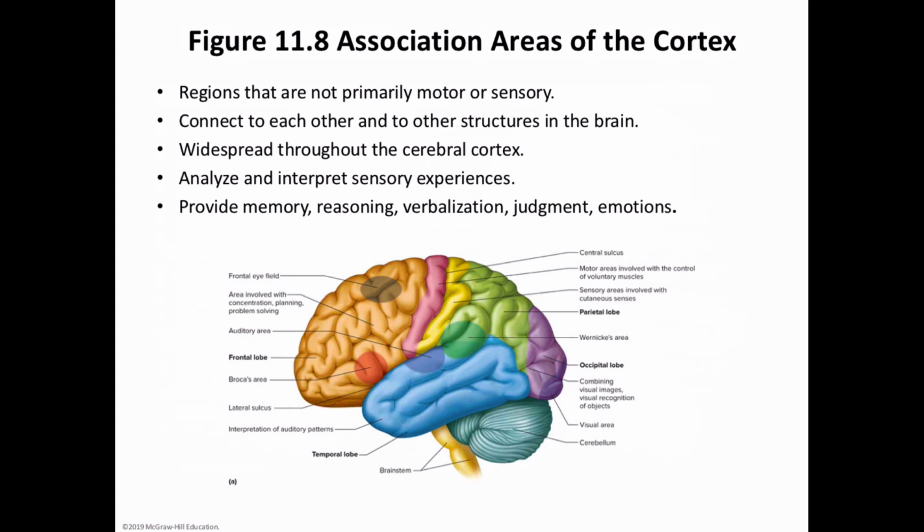The functions of the two lobes of insula are not as well known as those of the other lobes because their location is deep within the cerebrum, making them impossible to study with surface electrodes. So association areas do often interact.